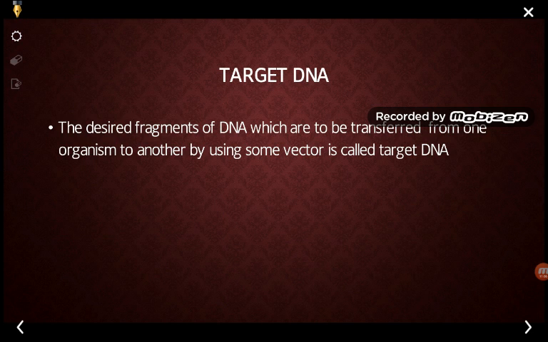The target DNA is the desired fragment of DNA, the interested part of the DNA, which is to be transferred from one organism to another organism by using a vector. वेक्टर को यूज़ करने के बाद हम क्या करते हैं, हमारा इंटरेस्टेड जीन हम ट्रांसफ़र करते हैं या फिर उसका कॉपी करके लेते हैं. They are said to be the target DNA.